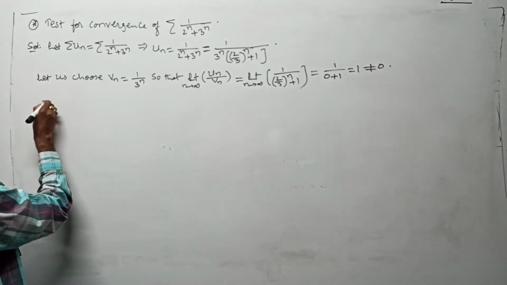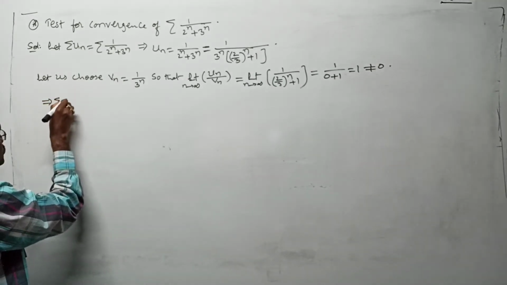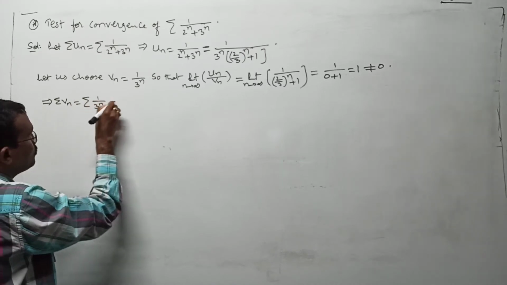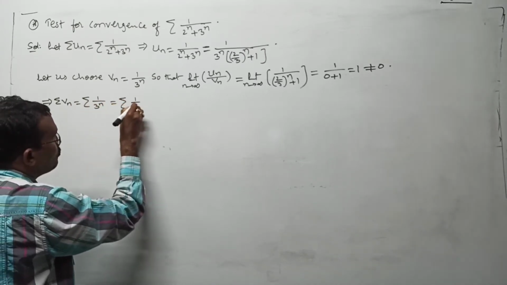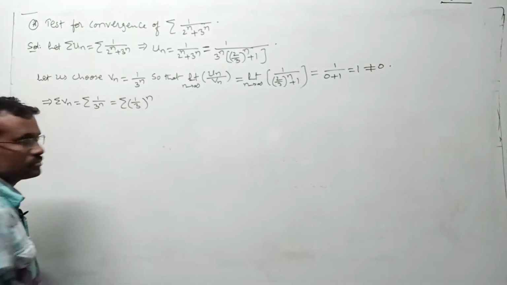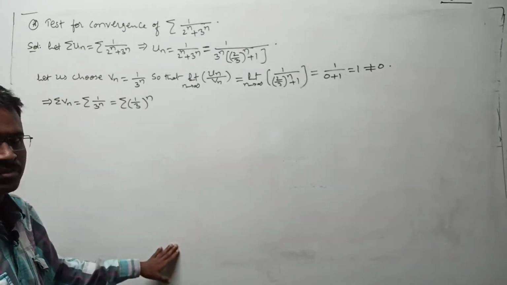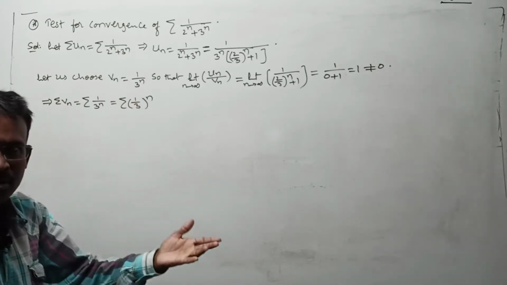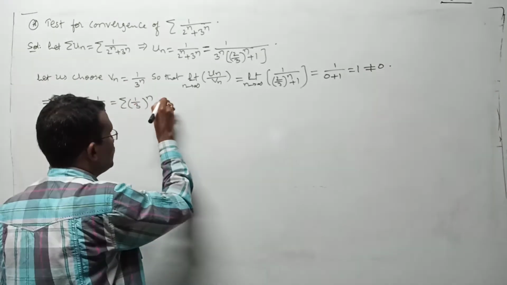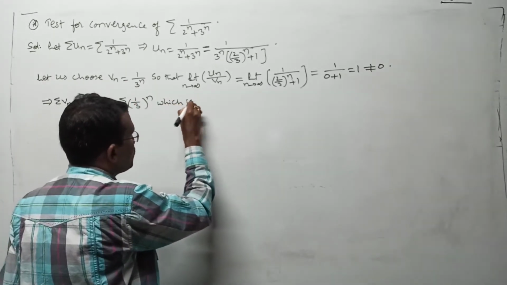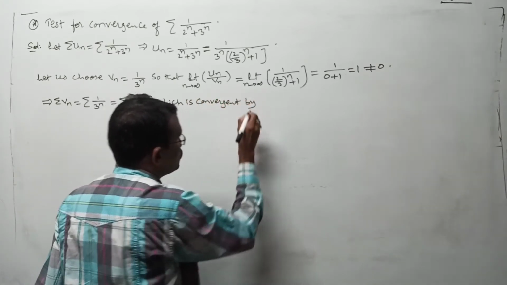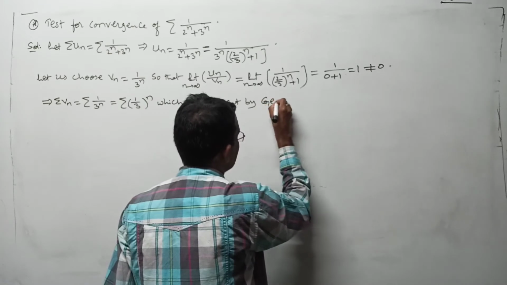Now let us go for sigma vn here. Sigma vn is equal to sigma 1 by 3 power n, which you can write as sigma 1 by 3 whole to the power of n. Is it a geometric series or not? By the geometric series test it is convergent, because r is 1 by 3, which is between 0 and 1. Directly I am writing, which is convergent by the geometric series test.